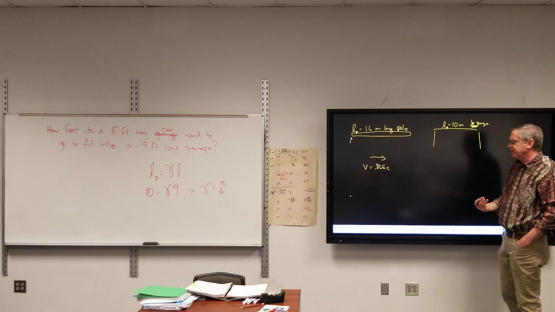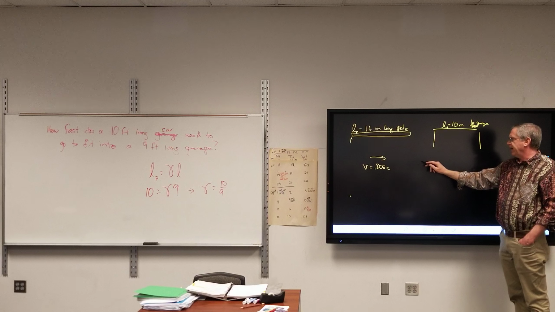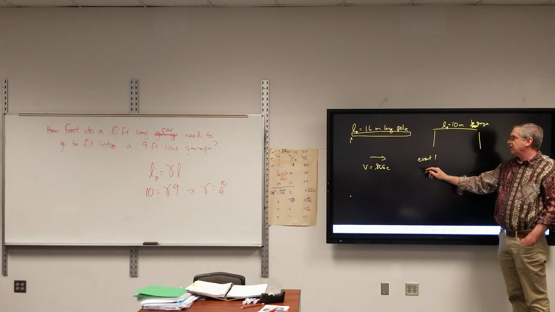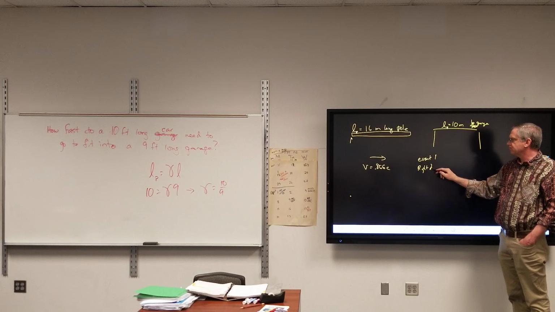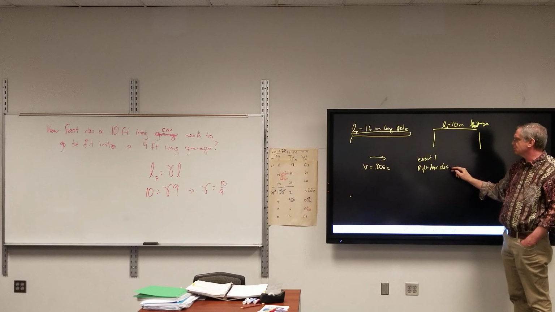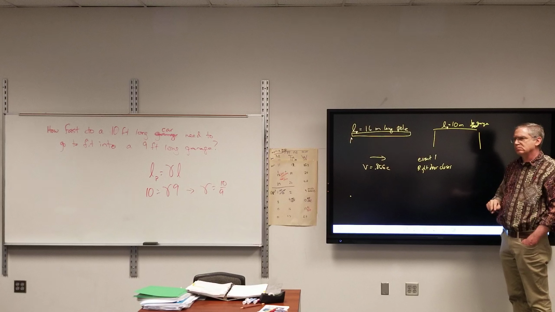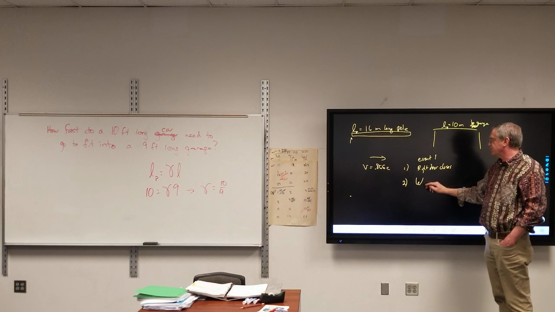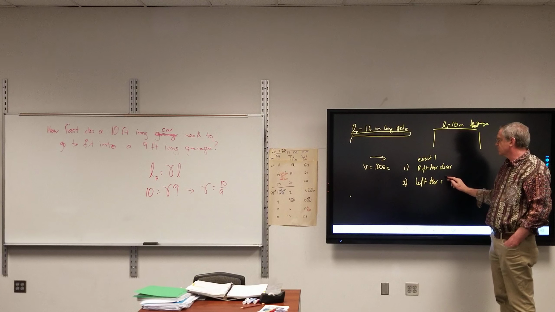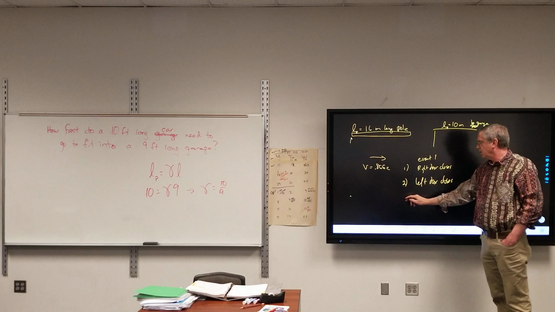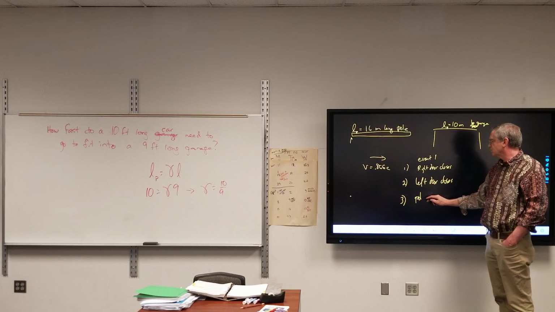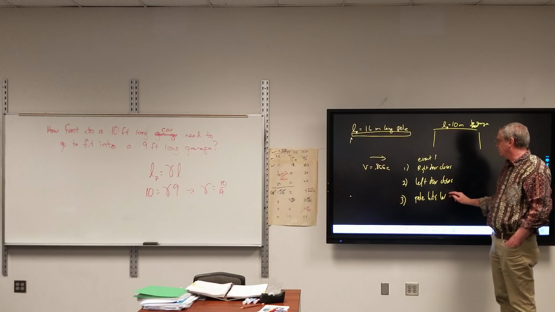So we've got 3 events here. Event 1, right door closes. Event 2, left door closes. Event 3, pole hits left door.